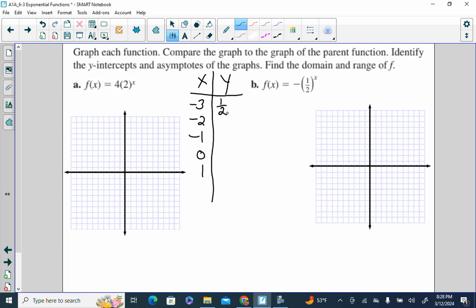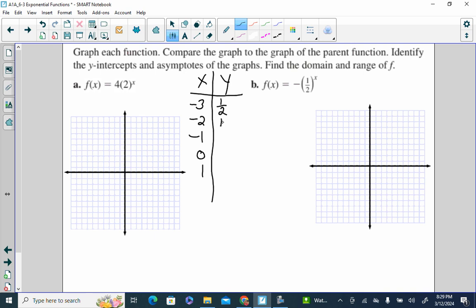Or use a calculator. So when x is -2, we replace x with -2. I'm sorry, 2 to the -2 power. 2 to the -2 power is the same as 1 over 2 squared. 1 over 2 squared is 1 over 4. So we have 4 times 1 over 4, which is 1.